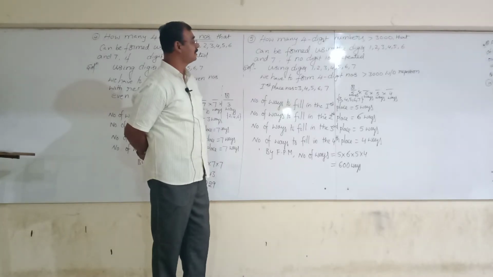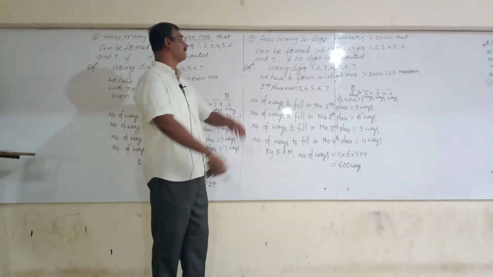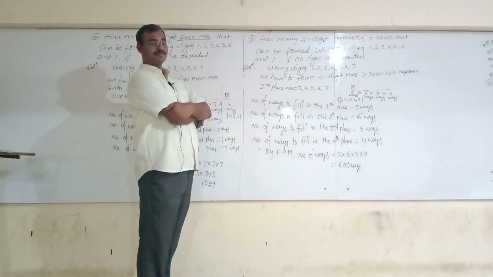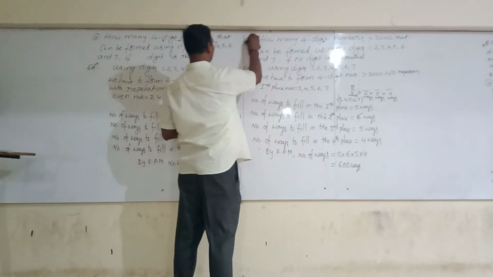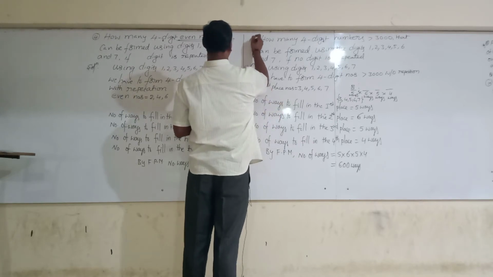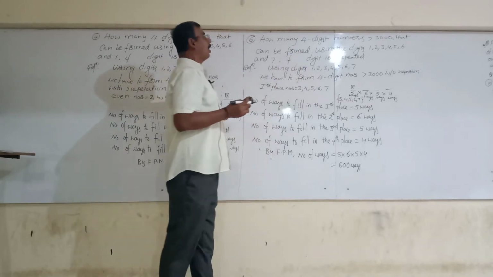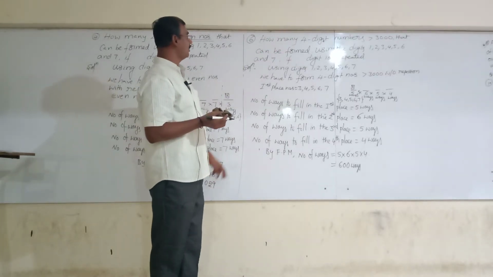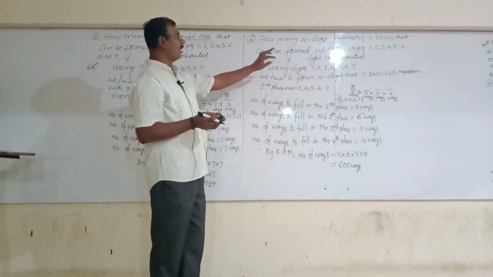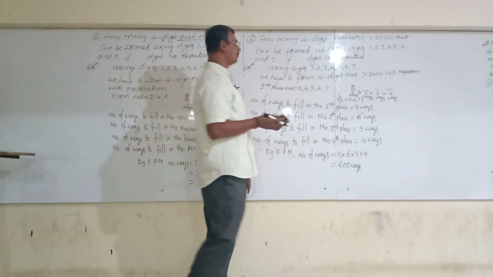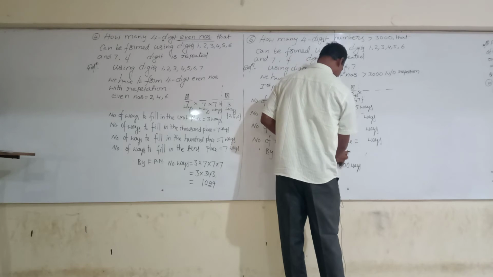How many 4-digit numbers greater than 3000 can be formed using the digits 1, 2, 3, 4, 5, 6 and 7 if digits are repeated? Take problem number 6. Digit is repeated. Okay?